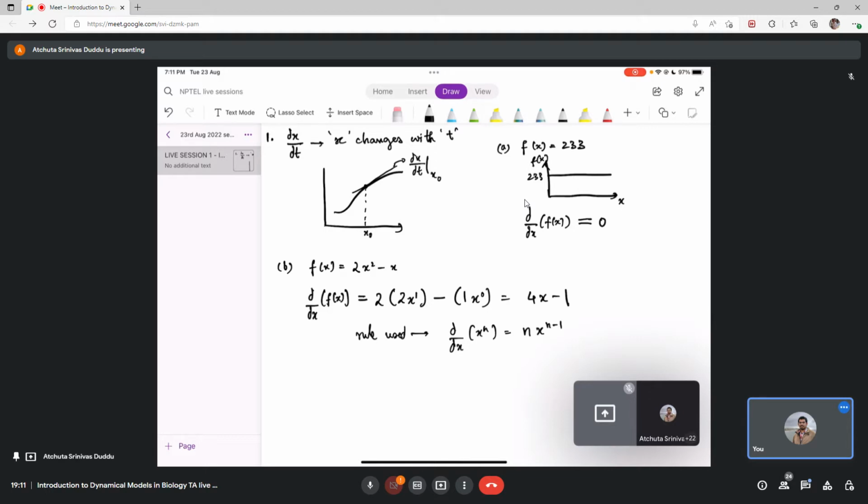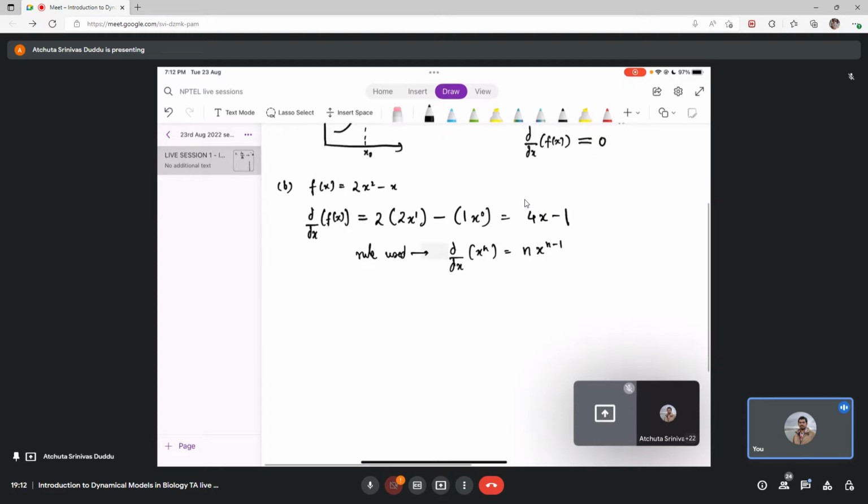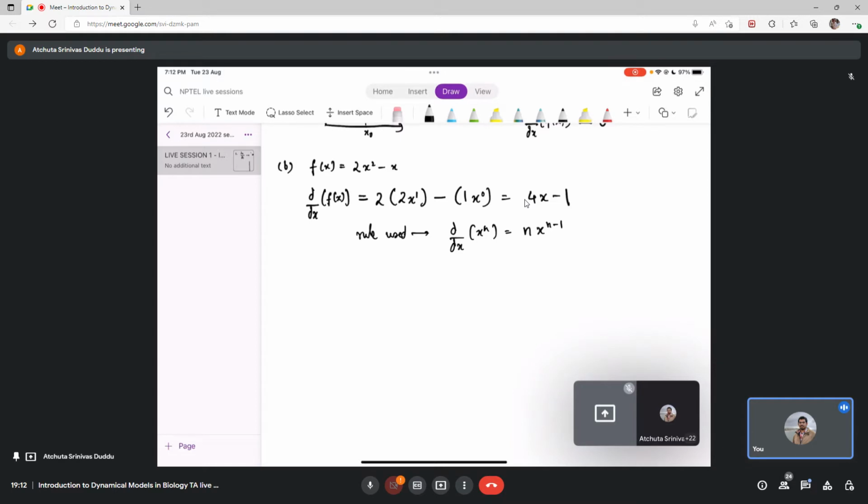That is how the differential is defined, as change in x with respect to change in t, right? From that first principle, taking the limit as the change in time tends to zero, you can derive a few of the basic rules, and then you get a better understanding of differentiation. Then you can remember those as rules, and your life will become easier in solving more differentials. So one such rule is this n into x power n minus 1.